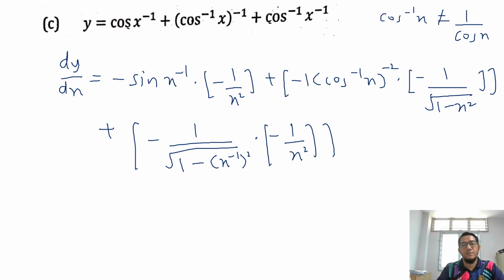After that you simplify this. On this part you can just multiply the negative sign, and this part also just multiply, but this one you have to simplify. I think you can do it on your own.